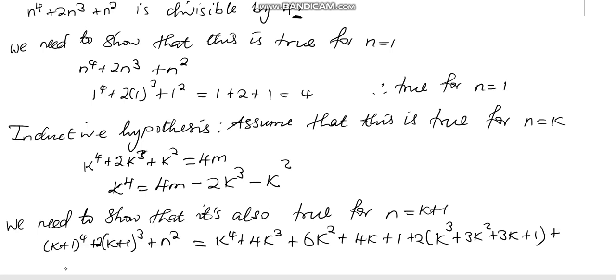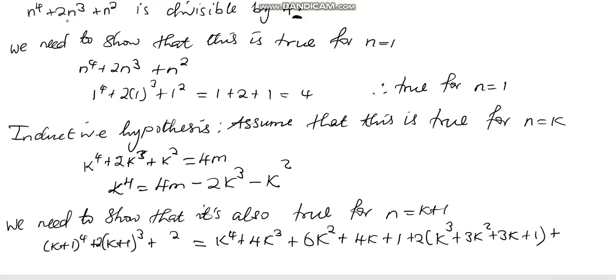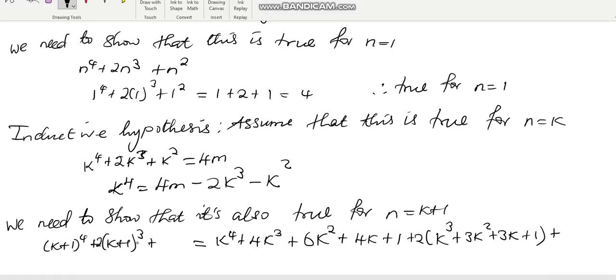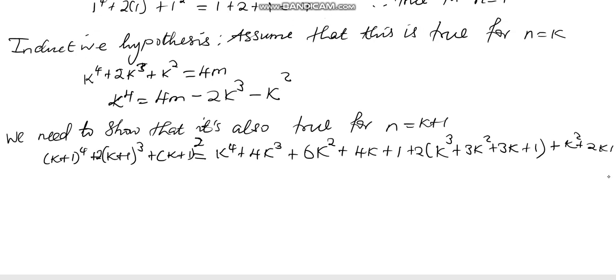Then we expand k plus 1 squared, which is simply k squared plus 2k plus 1. Okay, sorry about that.